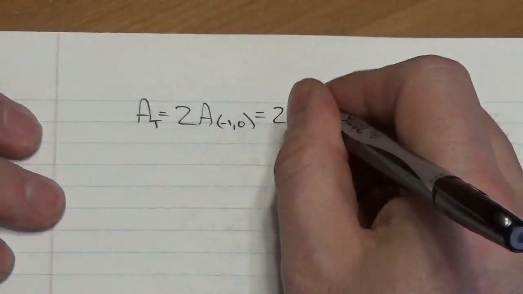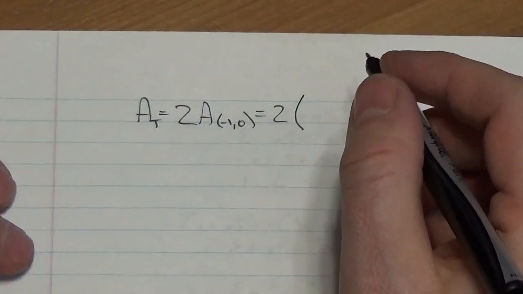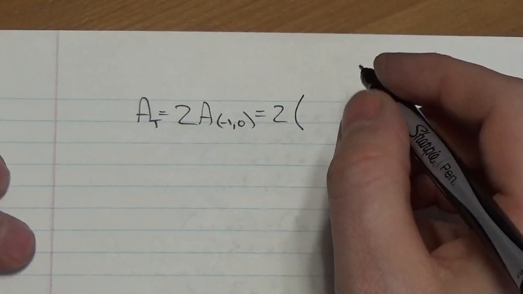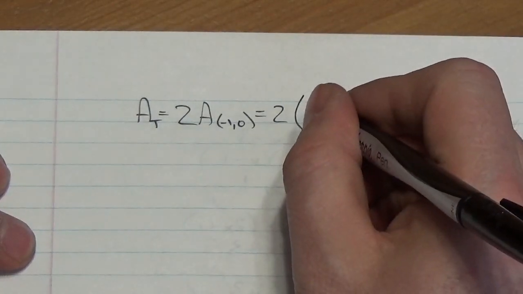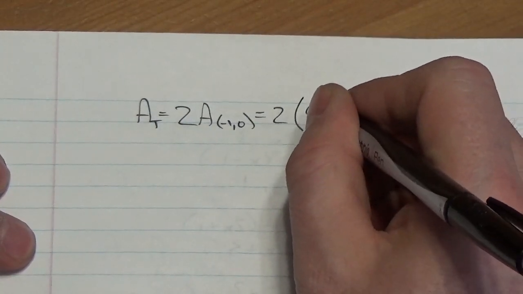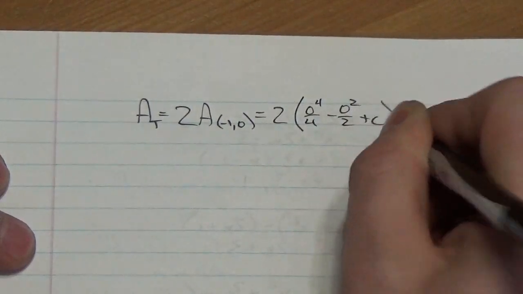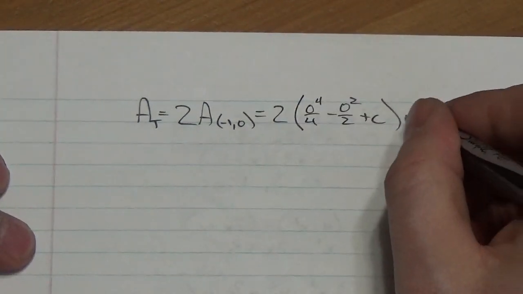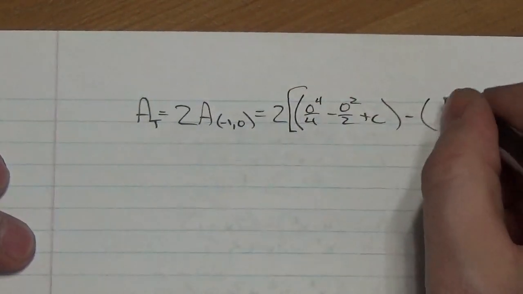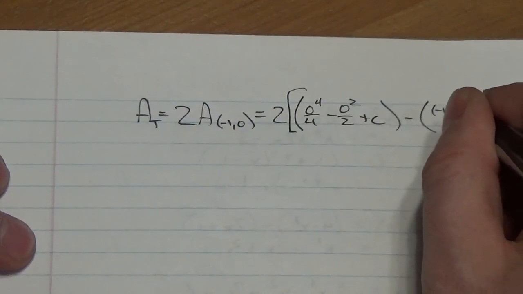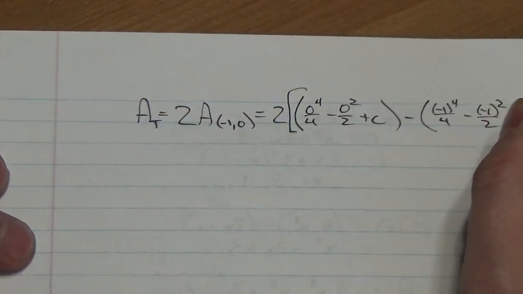And so that'll be 2 times, and our area function here, if I'm going to do this correctly, will be 0 to the 4th over 4 minus 0 squared over 2 plus c, so that kind of goes away, minus, I'm going to put square brackets around that, -1 to the 4th over 4 minus -1 squared over 2 plus c.